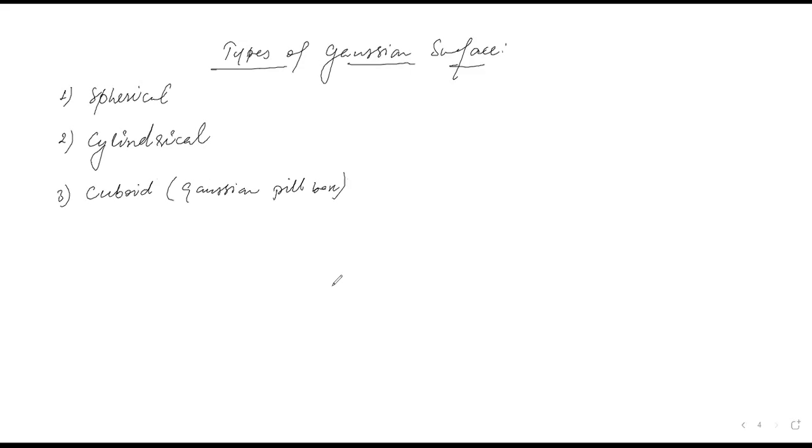These are the three types of Gaussian surfaces which are mostly used in our syllabus. Are you clear or not? But also remember that there is no rule which tells you that your Gaussian surface is any particular type. It may be any type, it doesn't matter, but the only condition is that your Gaussian surface must always be closed.